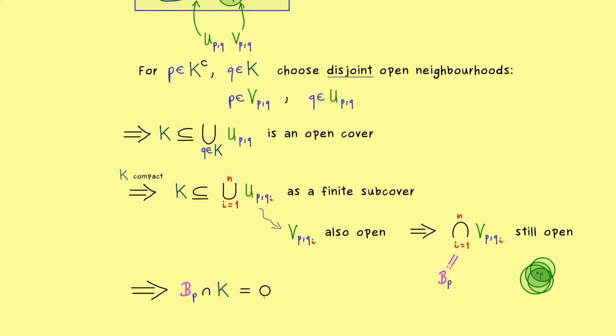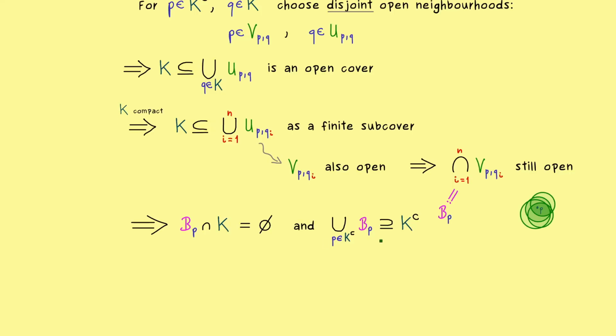Obviously this holds no matter which point P we chose at the beginning. And this is really helpful because we can also form the union over all these sets BP. So we just go through all possible points P from the complement of K. Since P definitely lies in BP, we cover the whole complement of K with this union. At that point you should recognize that we can simply put both pieces of information together.